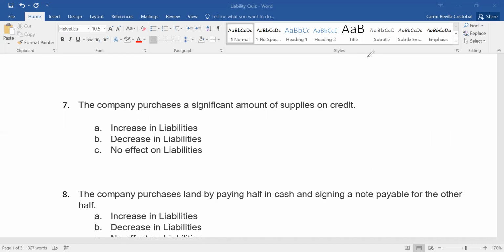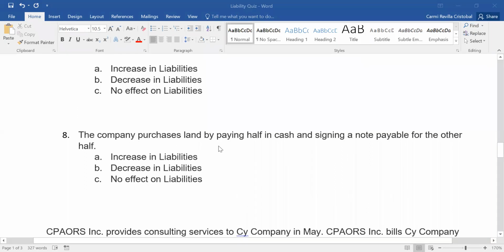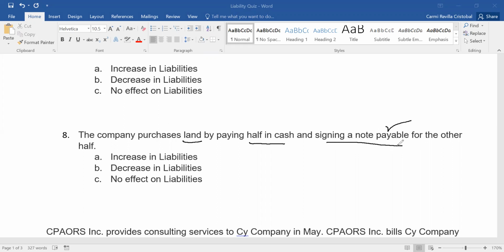Next is number 8. The company purchases land by paying, so purchase na naman siya ng land, okay? By paying half in cash and signing a note payable for the other half. So looks like dito pa lang meron na tayong clue, no? Nag-set up na siya sa mismong problem statement about payable.